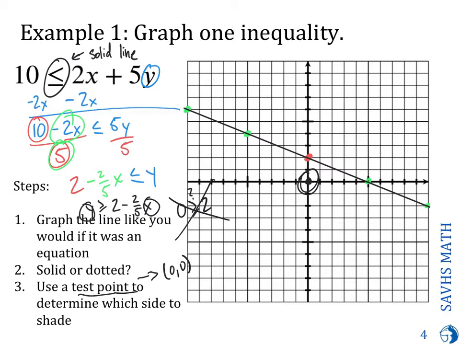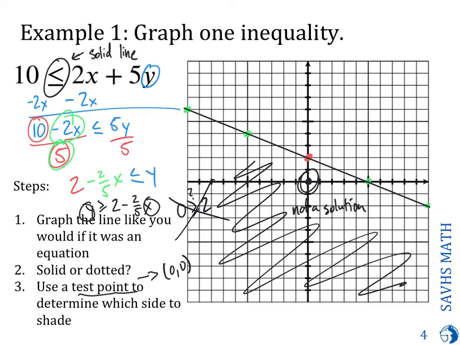So this point is not a solution. If the side over here is not a solution, then that must mean that over here is a solution. So everything in the yellow that I just shaded, and it goes out further this way, all of that stuff up there is my solution.